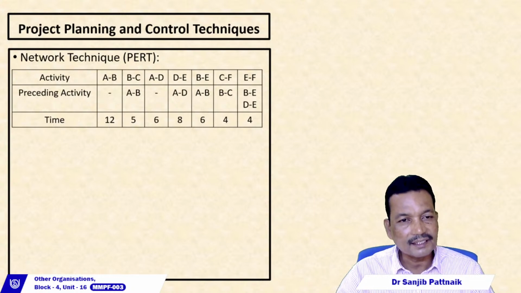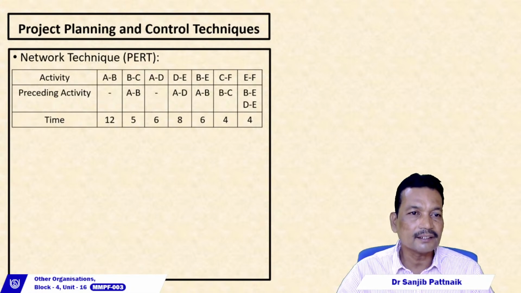In other words, activity AB must be completed so that we can start activity BC.